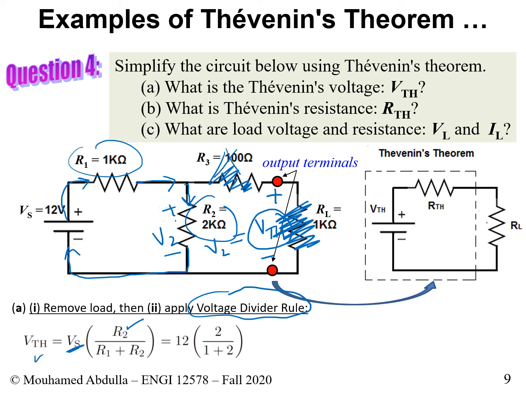R3 is meaningless, like we said in this circuit. There's no current that flows to it. So we just plug in the values. We have 12 volts, 2 kilo on top, and 1 plus 2 kilo in the bottom. This gives us 2 divided by 3 times 12, which gives us 8 volts. So VTH is really 8 volts.